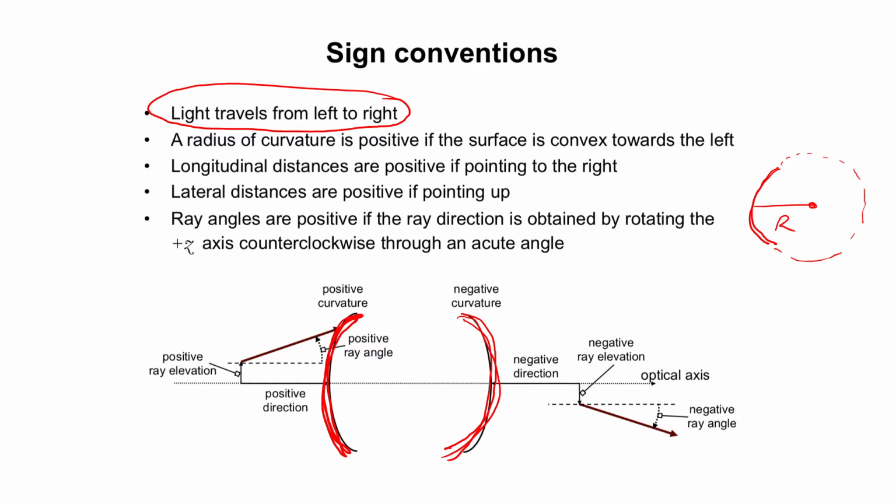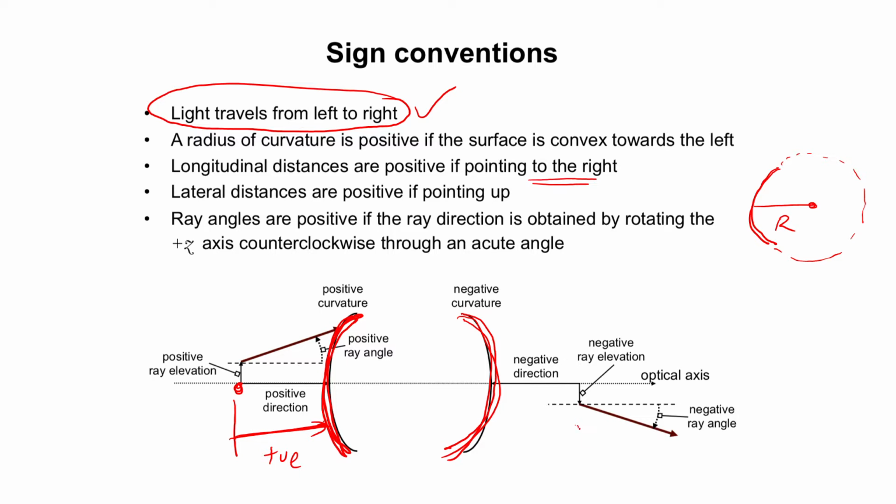Similarly, longitudinal distances are positive if pointing to the right. Why are they positive if pointing to the right? Because we are considering that light travels from left to right. So if we are traveling from left to right, any distance that is pointing to the right is positive. If I have an object here and I would like to measure this distance, this is pointing to the right, so this is positive direction.